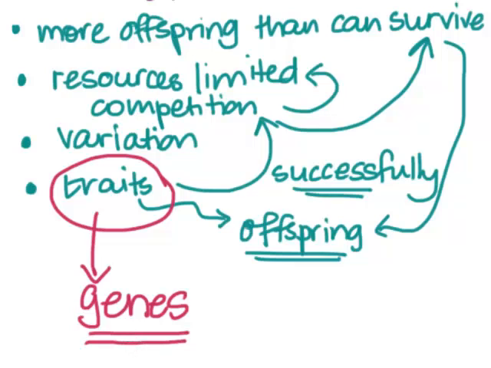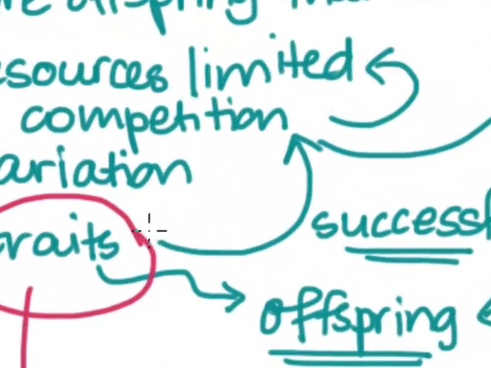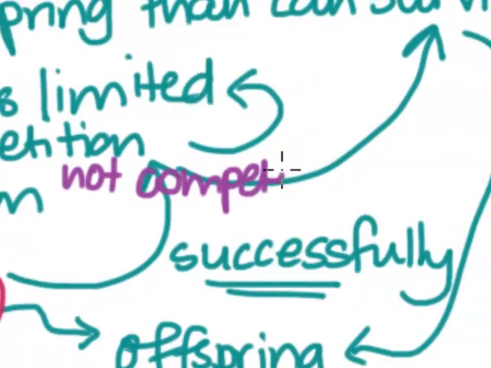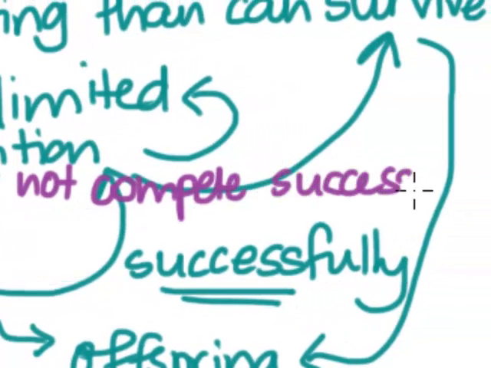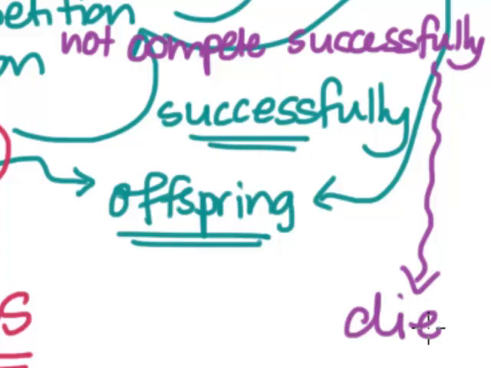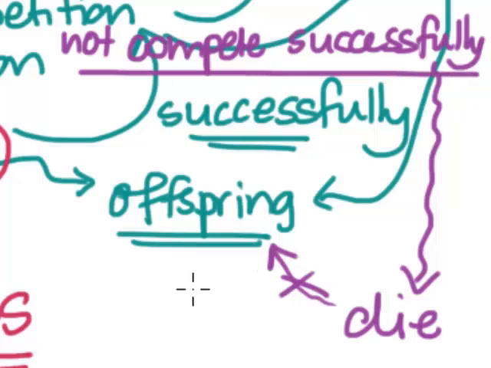Of course, Darwin's theory suggests that those individuals that are not able to compete successfully, that do not have the traits that allow them to compete successfully, will die. And they will die possibly before producing offspring, or their offspring will contain the traits that are not successfully allowing them to adapt to the environment.